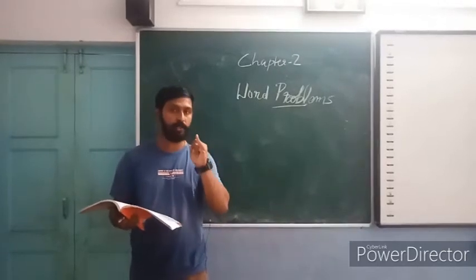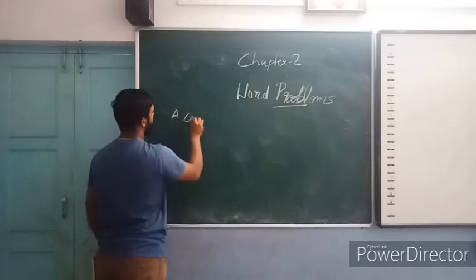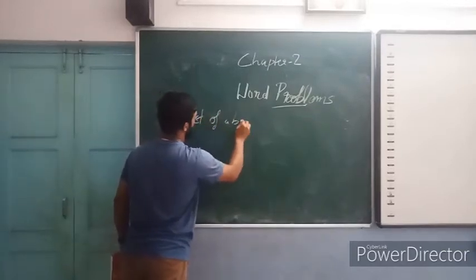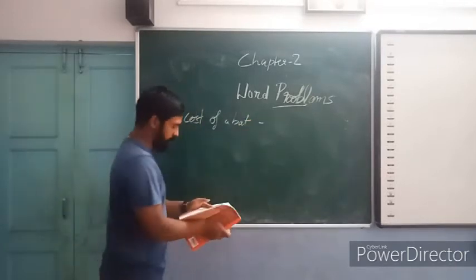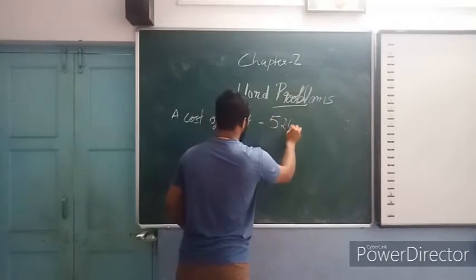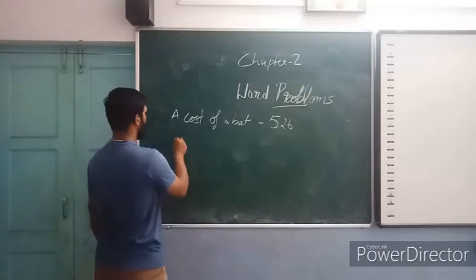First, the cost of a bat. So how much is the cost of a bat? It is given, 526 rupees.